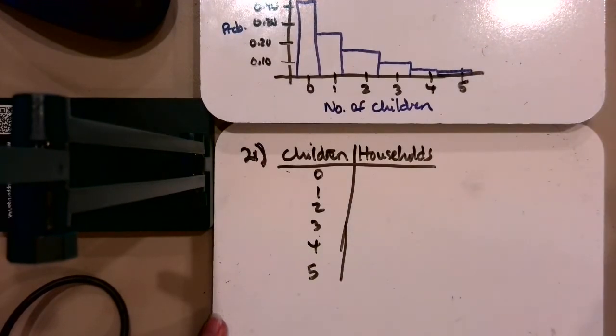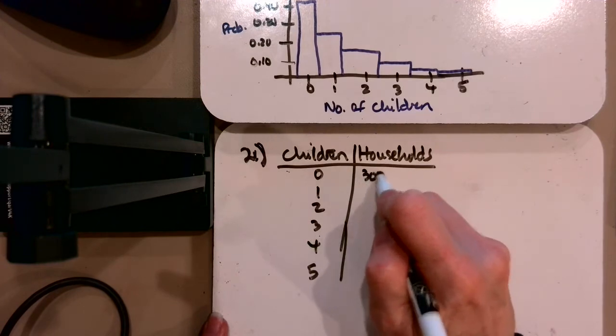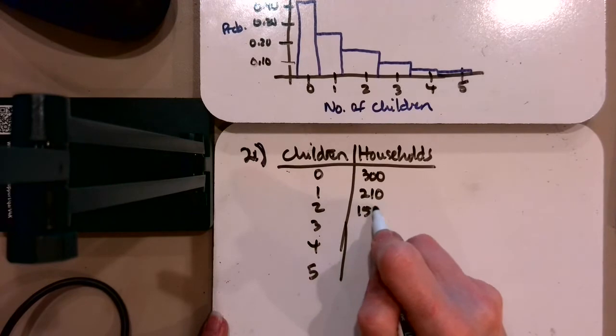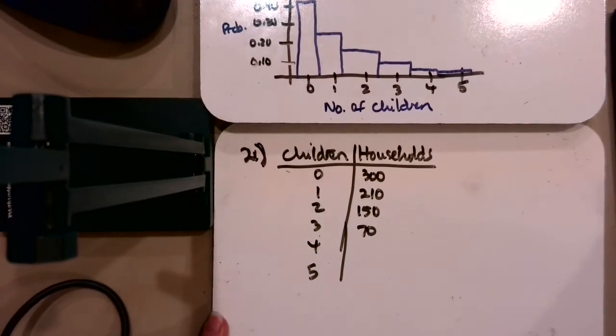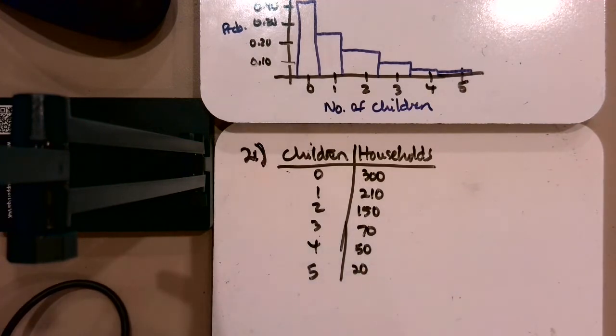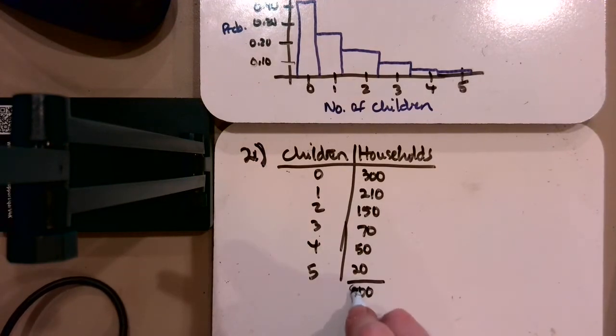And the households that match that one are 300, 210, 150, 70, 50, and 20. And again, we need to total the number of households to get our empirical probability. So I'm adding those numbers up in the second column for the number of households, which adds up to 800 in this town.